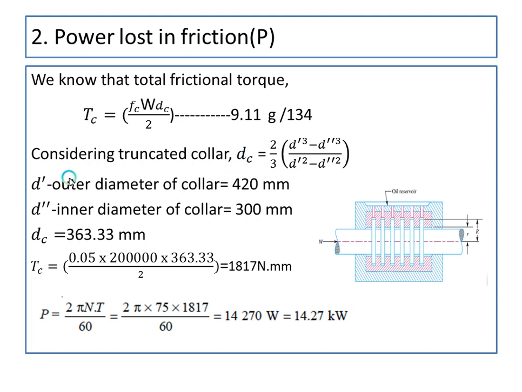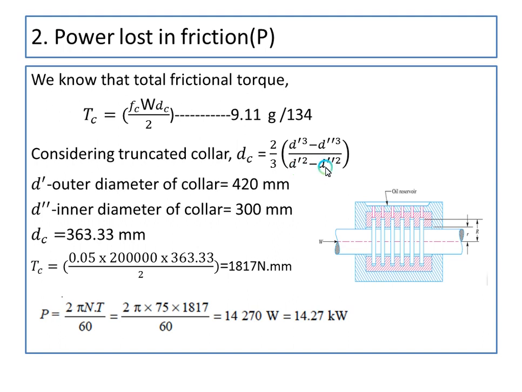Since I am considering a truncated collar, the equation will be dc is equal to 2 by 3 into d dash cube minus d double dash cube divided by d dash square minus d double dash square.